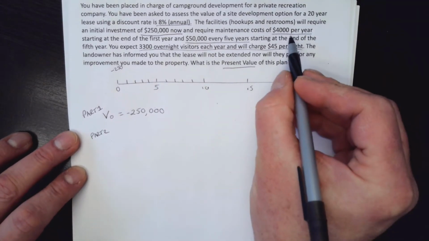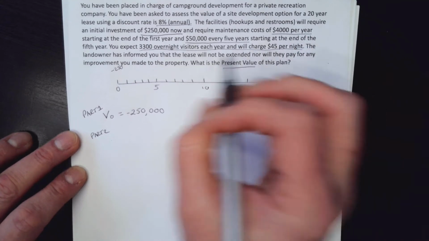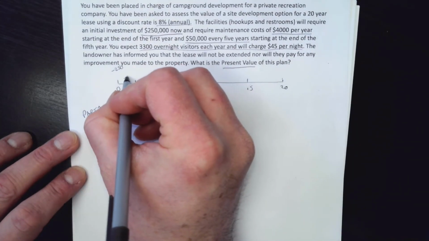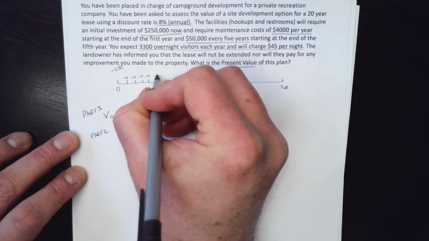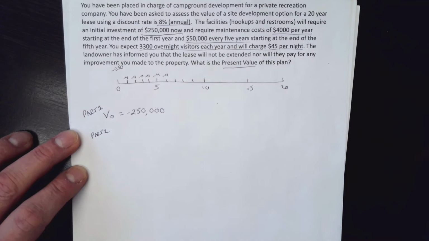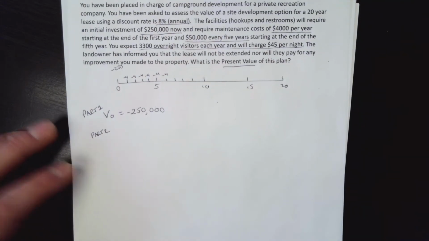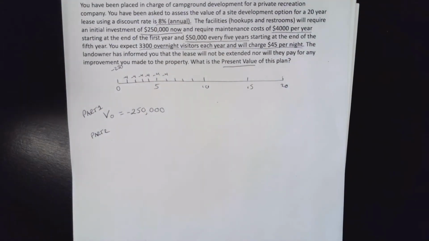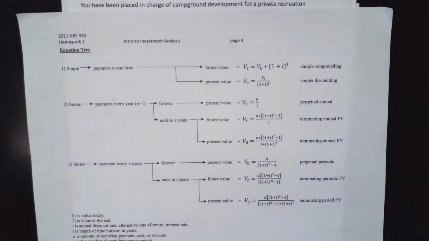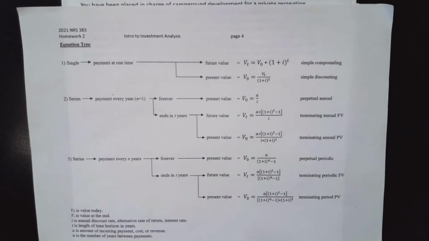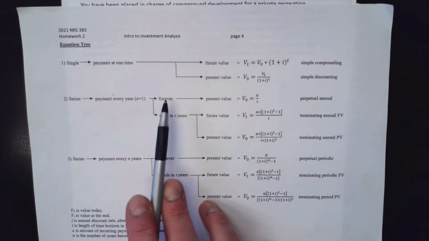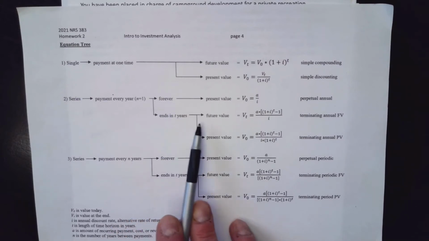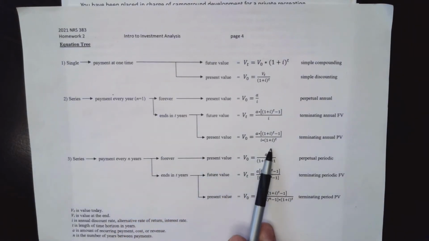I can move on to part 2. Part 2 is going to be this $4,000 every year, right? And so we have minus 4, minus 4, minus 4, and on and on. So to do that one, in part 2, if we look at our sheet, it's not a single payment; it is a payment every year. It doesn't go on forever, right? This is just a 20-year lease. It's going to end there, and we want the present value. That's what we've been asked to do.